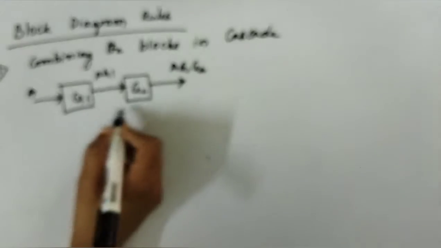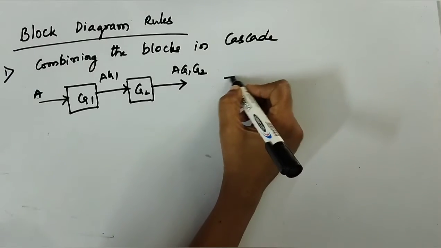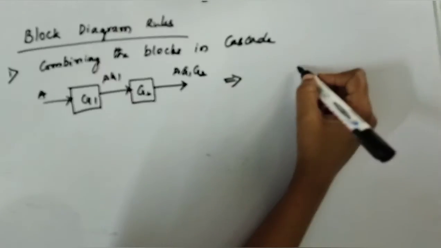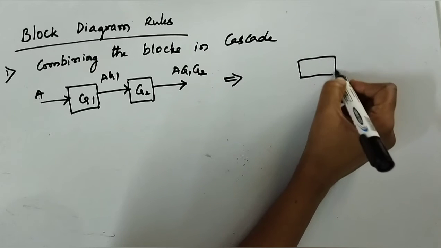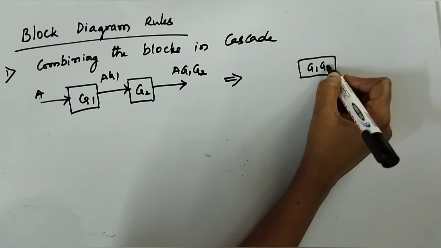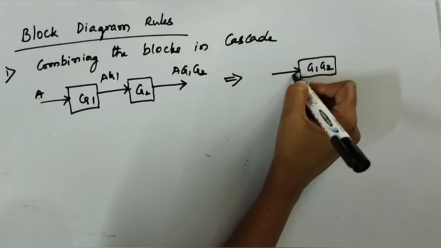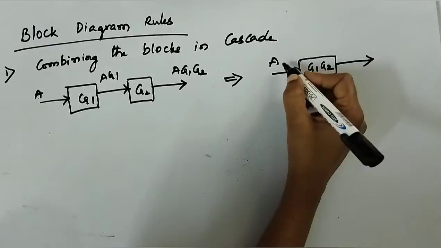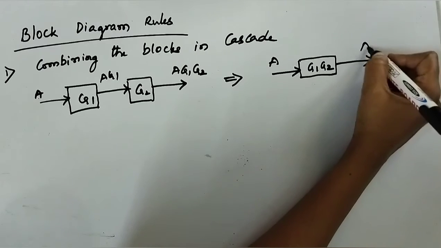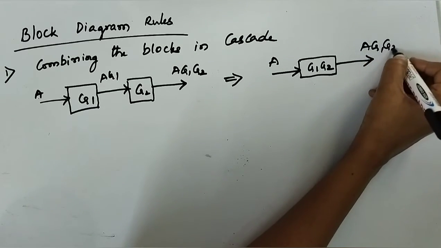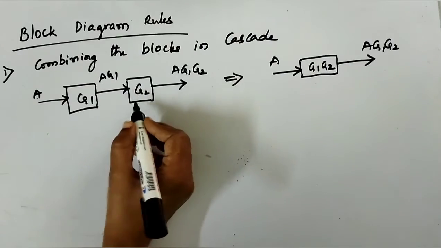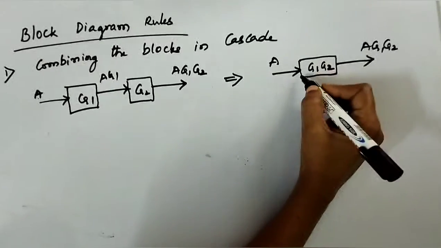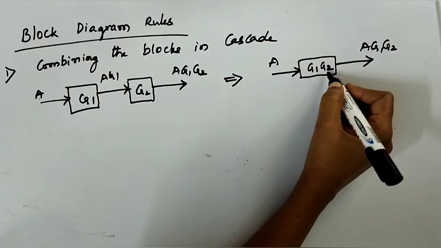This two block system can be reduced to a single block, G1 G2, where the input is A and the output is A G1 G2. Two blocks in cascade can be combined into a single block, G1 G2.